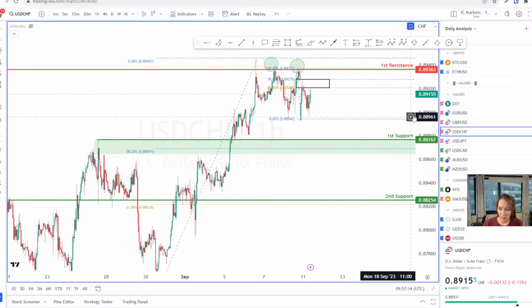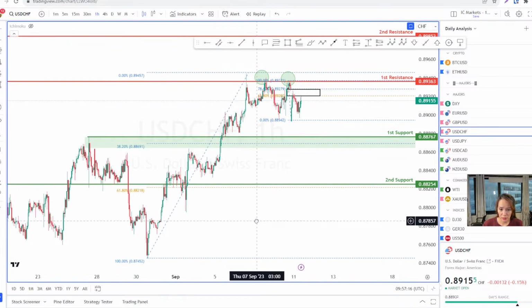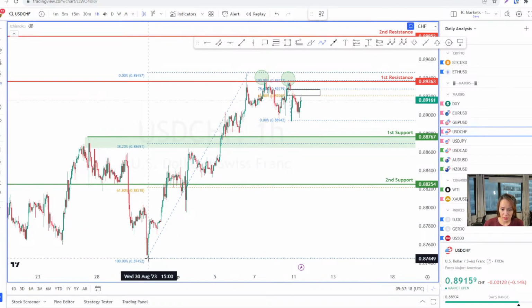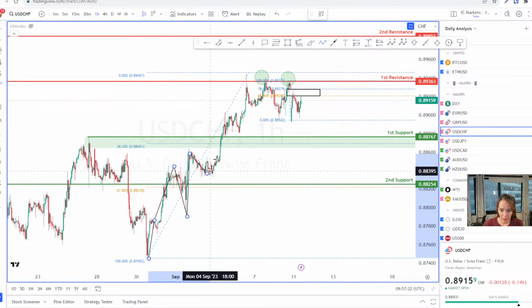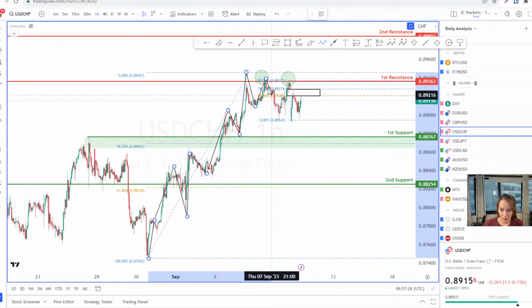What we can see in the H1 is that price makes a higher high, higher low, higher high, higher low, like that, and then it makes a lower high, lower low, lower high, and lower low, somewhere like that. So I think it might be something like that.